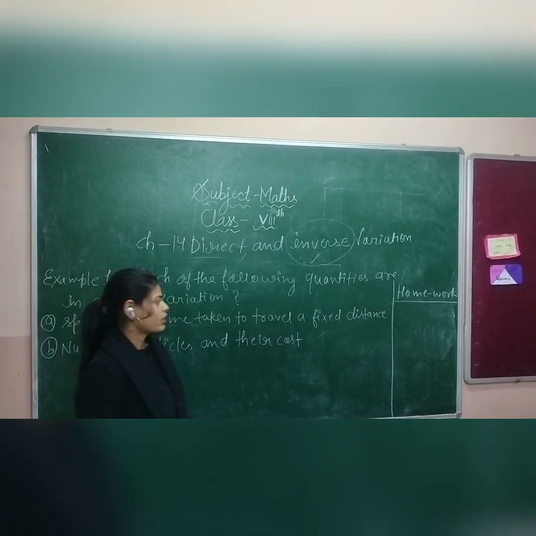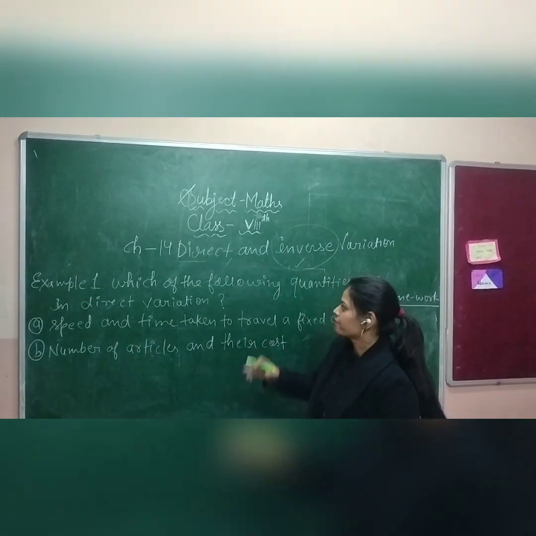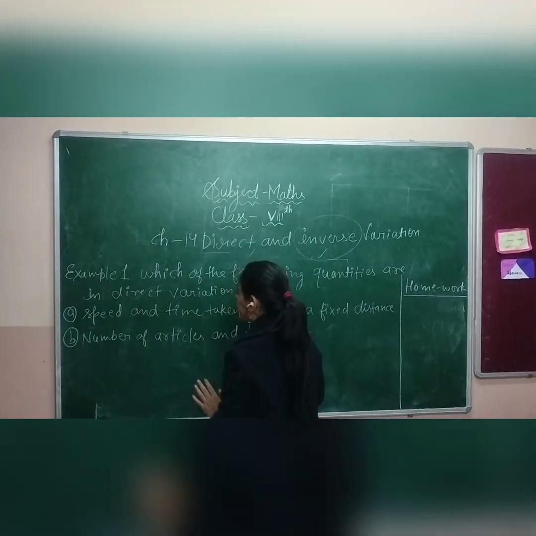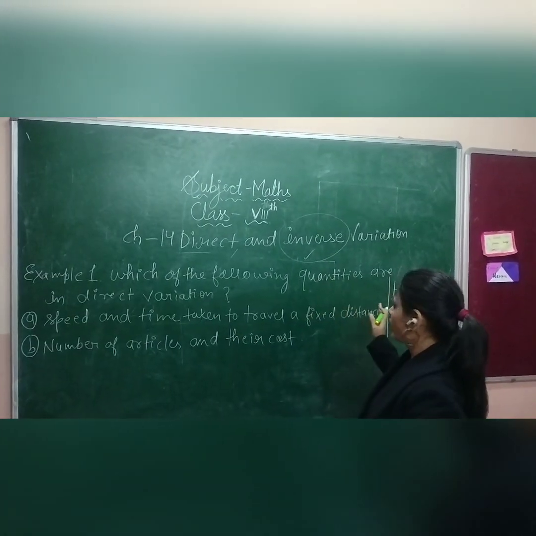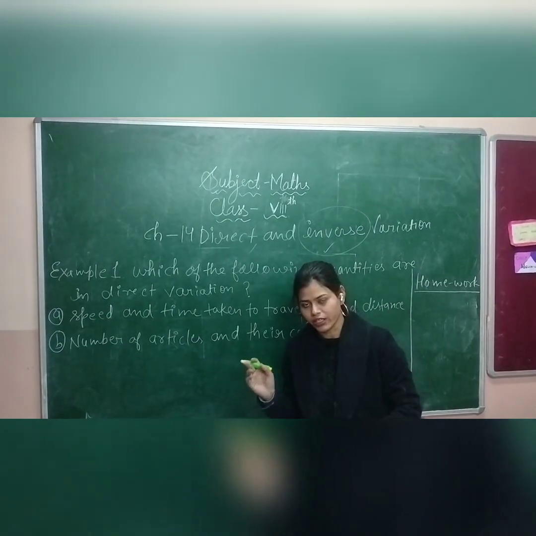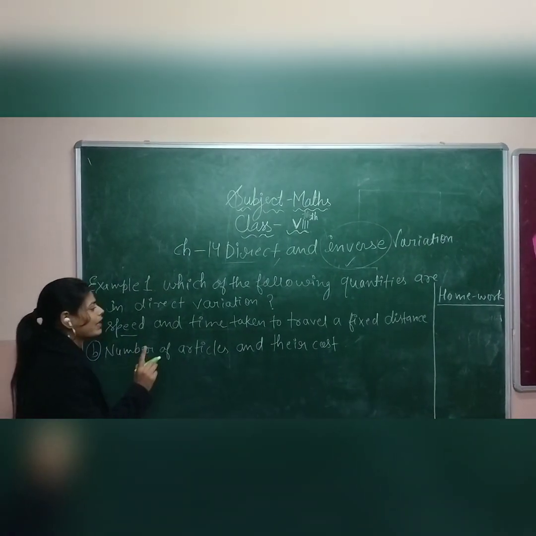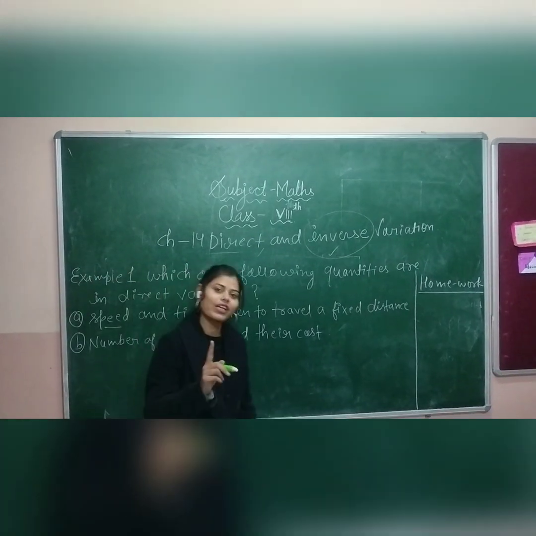Okay. So let's understand example number 1. With the help of example number 1, we are going to understand which of the following quantities are in direct variation. The first, part A, is speed and time taken to travel a fixed distance.